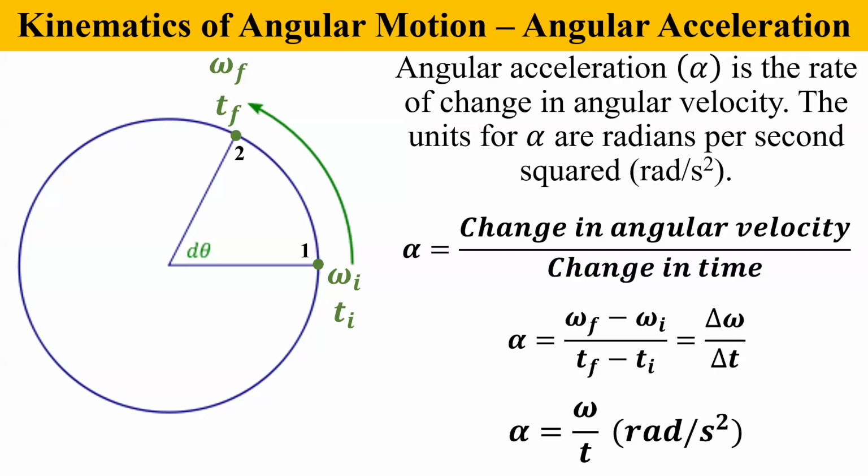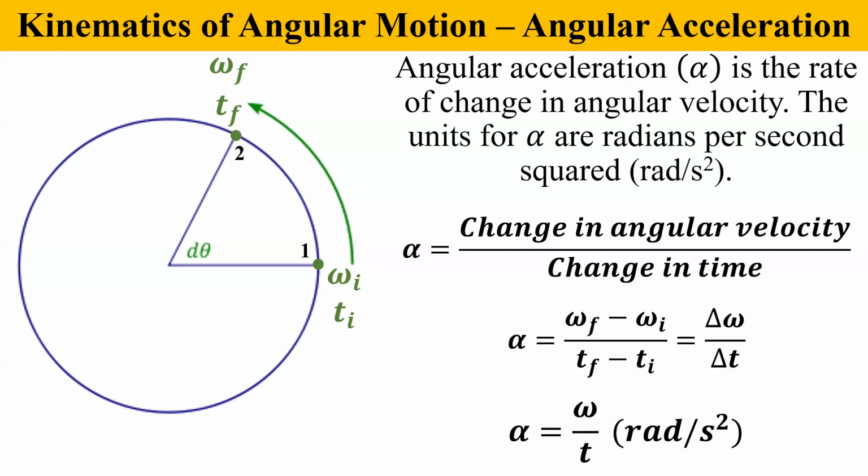Remember when we had linear velocity, it was final velocity minus initial velocity, divided by final time minus initial time. Similarly for angular motion, your change in angular velocity is omega f minus omega i, which is delta omega, divided by the change in time, final time minus initial time, which gives you delta t.